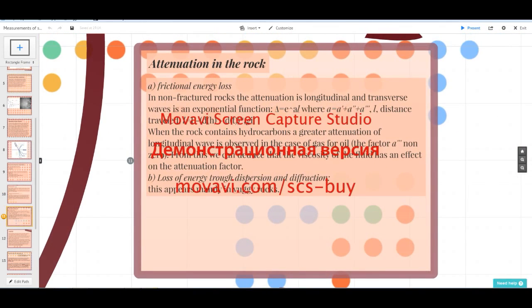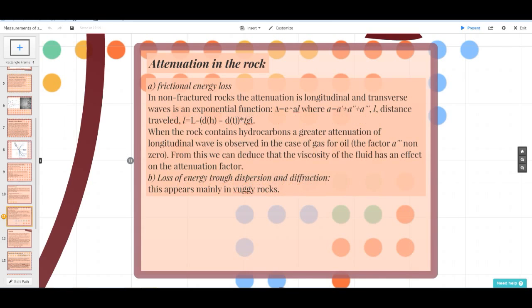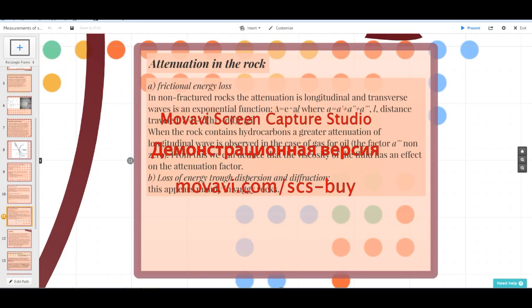As regards attenuation in the rock, first one, the frequency energy loss. In non-fractured rocks, the attenuation of longitudinal and transverse waves is an exponential function, delta equals e to the power of minus AL, where A is the sum of the attenuation factors and L is the distance traveled. When the rock contains hydrocarbons, a greater attenuation of the longitudinal wave is observed.